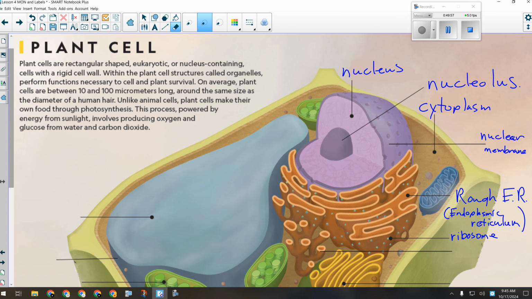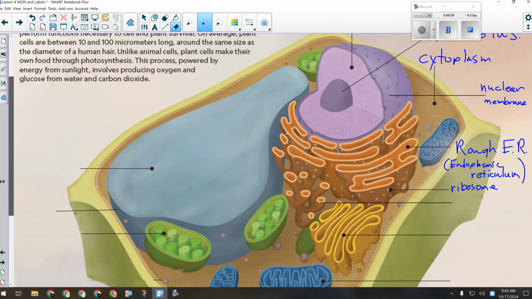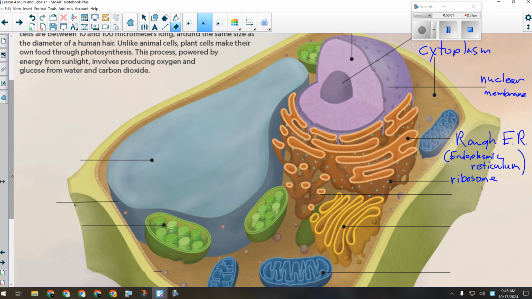All right, and then the next thing, and this is something that no cell diagram I have ever seen represents well, and there's good reason for that. The next thing is the smooth ER. So that's this stuff here. The main difference, it's not nearly as organized. The rough ER is right around the nucleus, and it's generally pretty folded, pretty organized looking compared to this.